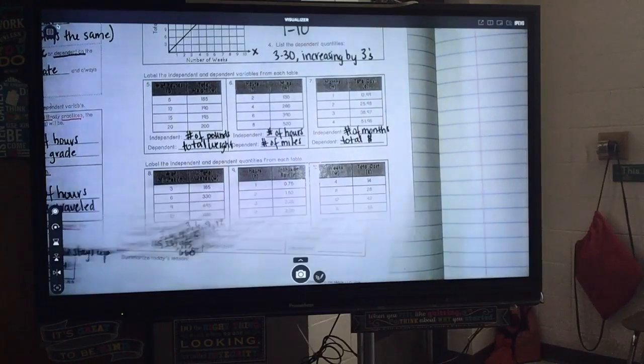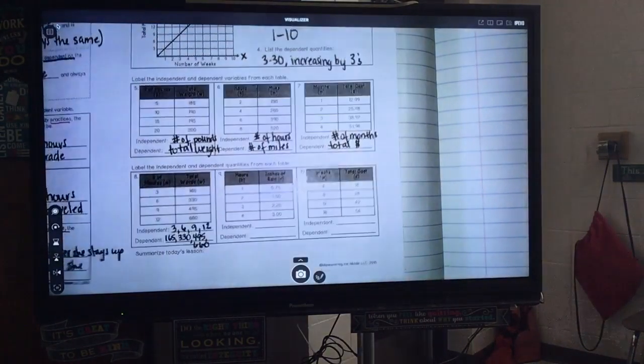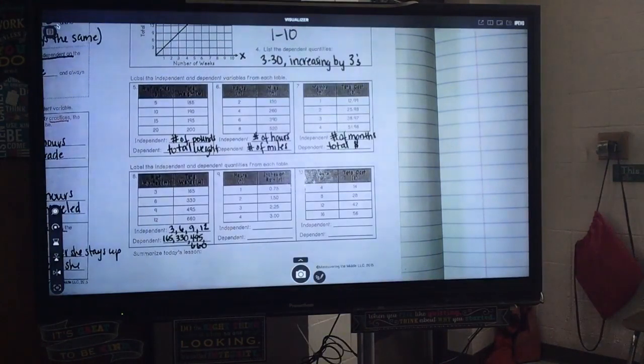Alright, so for number 9, which one is the independent, which one is the dependent? Start with that. The hours, so 1, 2, 3, 4. I didn't ask that. I said, what is the independent, what is the dependent?